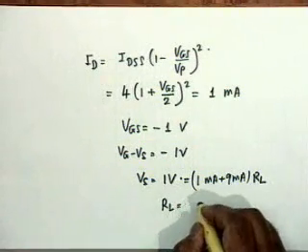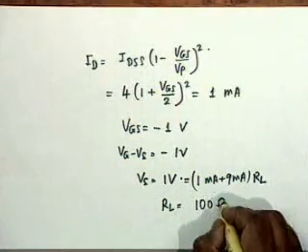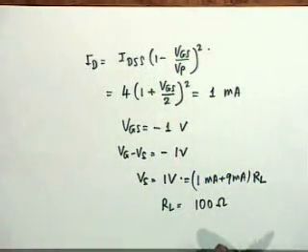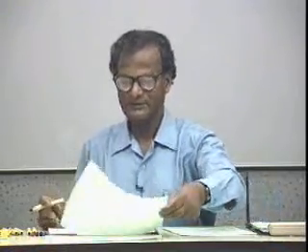Therefore, RL is equal to 100 ohms. Correct. So, we found out all the parameters. Agreed? Now, after we have found out the 3 resistances, the currents are given 1 milliampere, 9 milliampere.